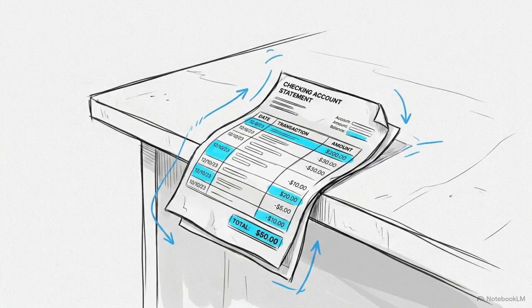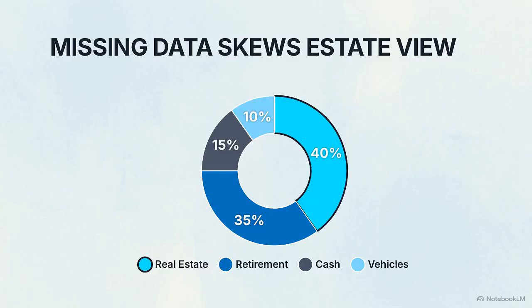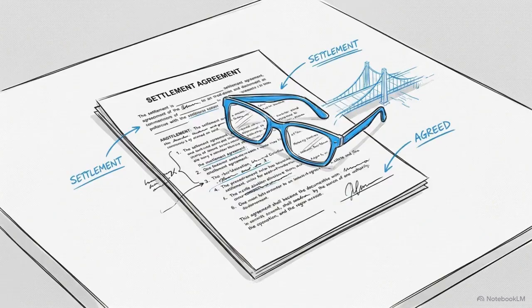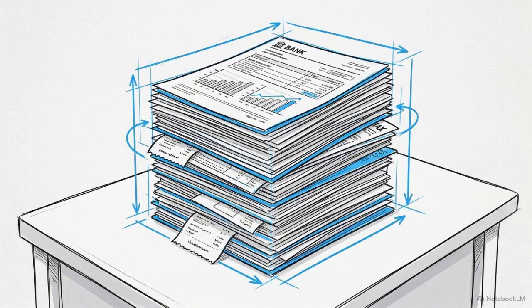There is a strict vulnerability to this view, though. Miss a single primary checking account during that parsing phase, and the entire macro visualization is skewed. The All Accounts view is an effective reality check for settlement negotiations, but its accuracy depends entirely on the absolute completeness of your initial discovery gathering.